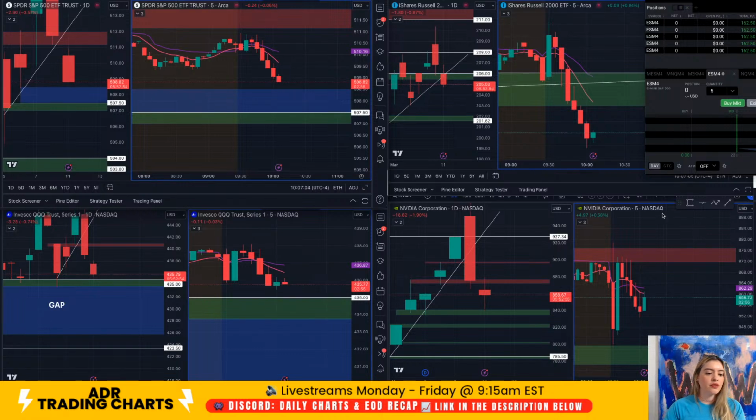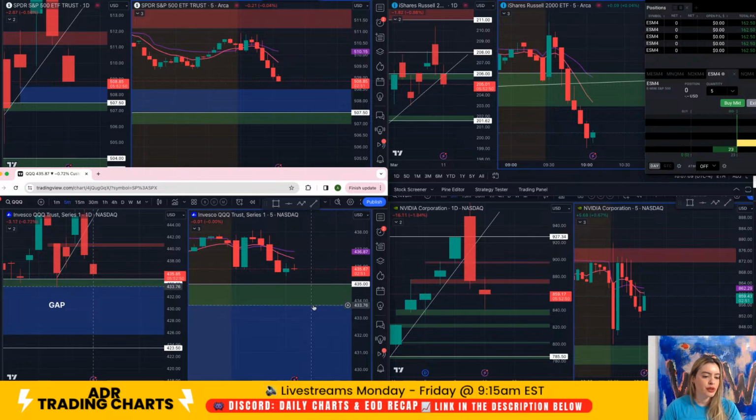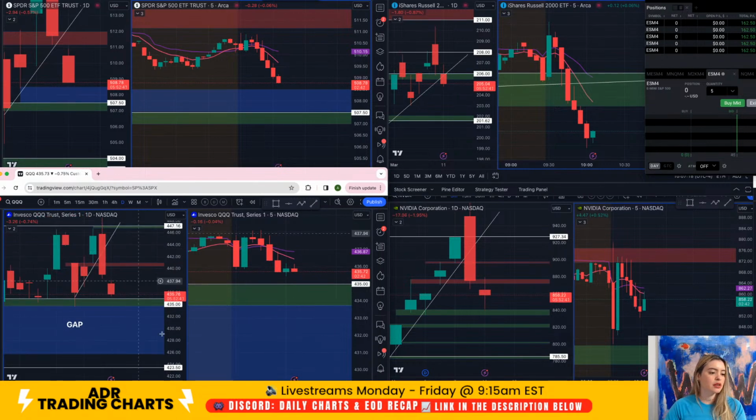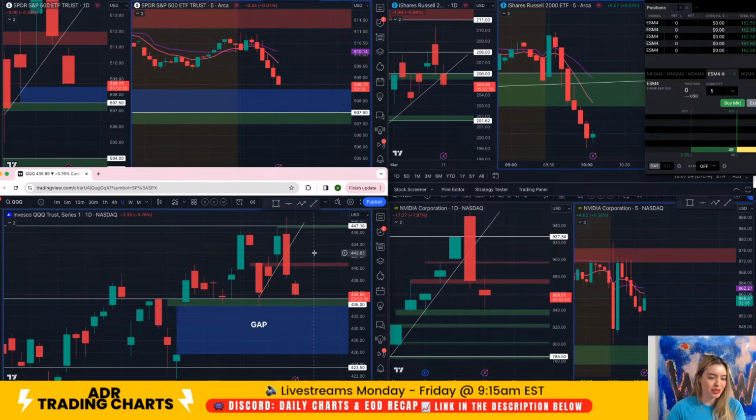But again, I'm waiting for the Q to lose 434 or maybe bounce from here. But I like playing the downside more because the Q is now on a downtrend. But honestly, the Q is on a very choppy trend.